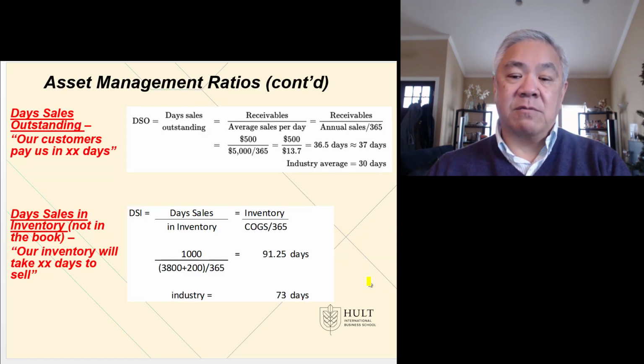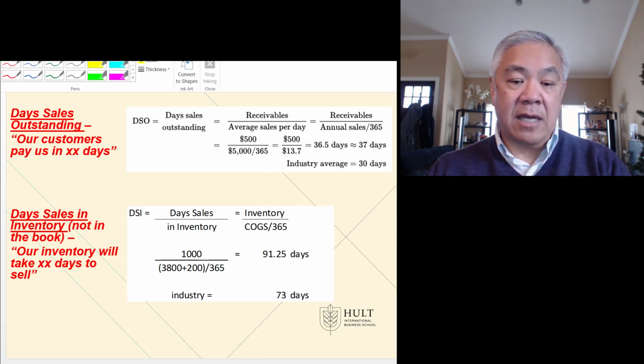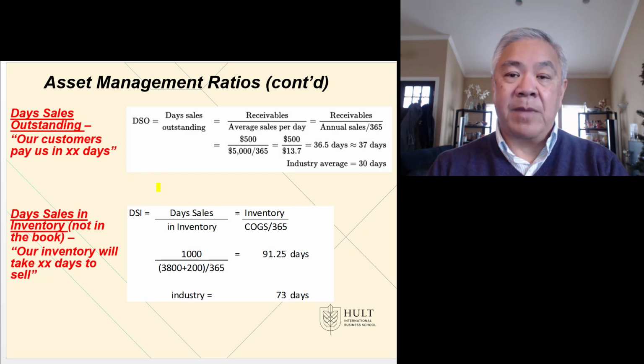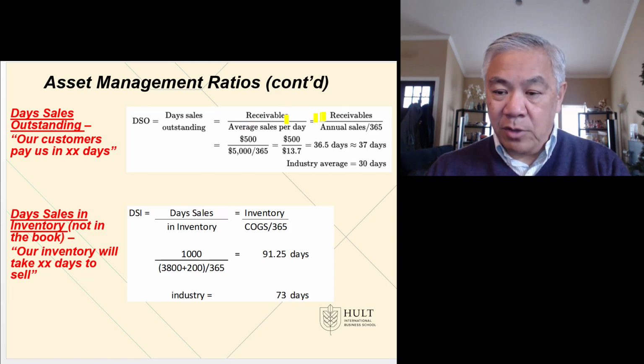The next set of ratios are in the same overall category of asset management, but we're going to probe at different assets. Here, the first one is day sales, and day sales relates to receivables, and it answers the question of our customers pay us in how many days. And here, the formula is a little bit more complicated.